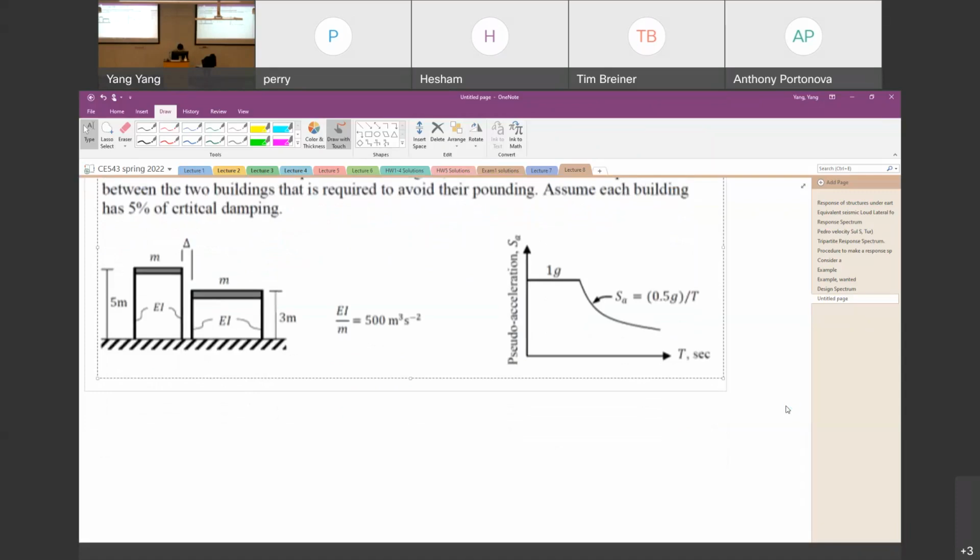So how should we do in this case? Any suggestions? How can we use the spectrum to find the maximum displacement for these two cases?